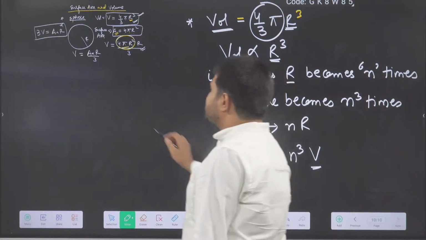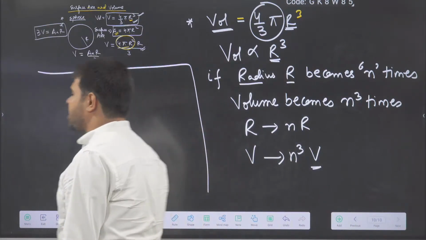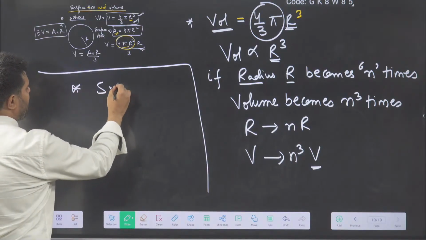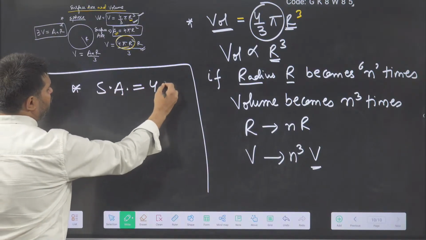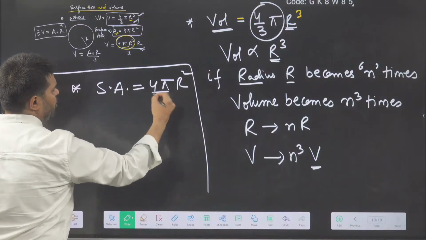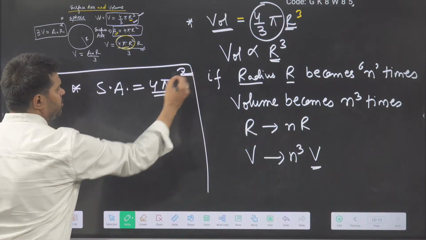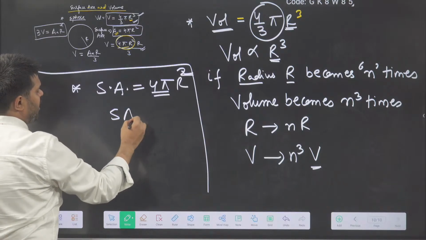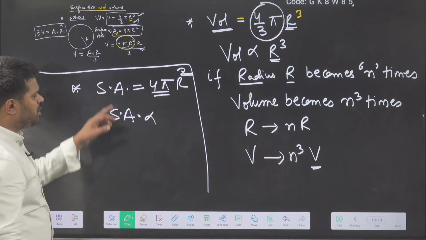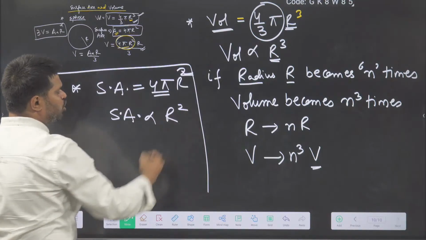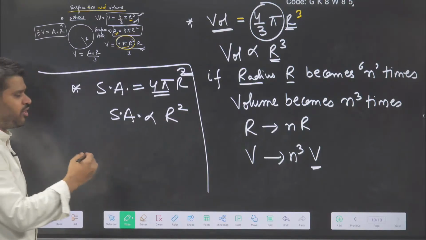Okay, let's do the same thing for surface area. Surface area is 4 pi r squared. 4 pi is constant. So what is the dependency of surface area on radius? Surface area is proportional to r squared. So again the same thing.